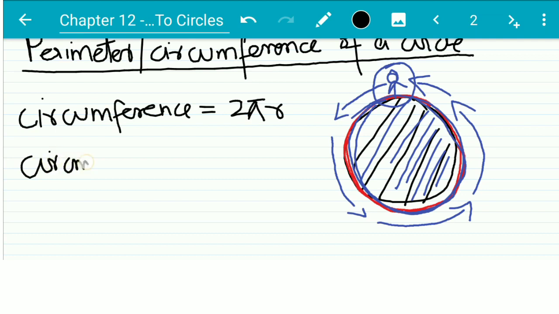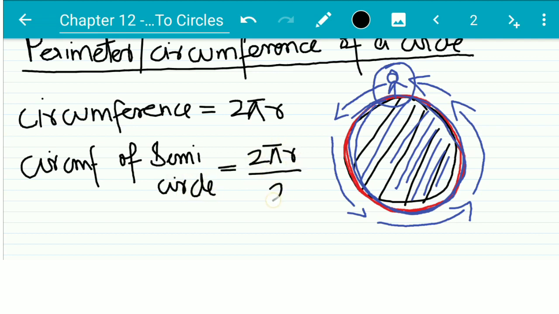Circumference of semicircle equal to 2 pi r divided by 2. So you can cut the 2 on the numerator side and 2 on the denominator side. What is remaining? Only pi r. That means circumference of a full circle is 2 pi r, circumference of a semicircle is just pi r.